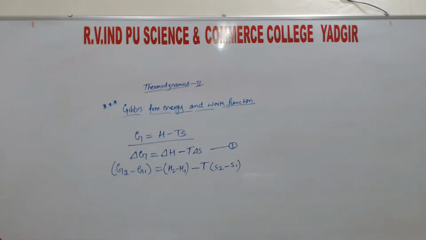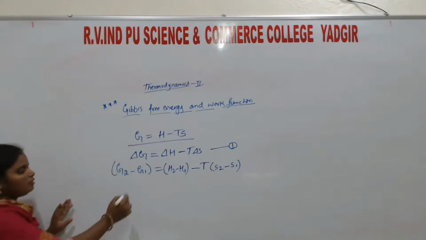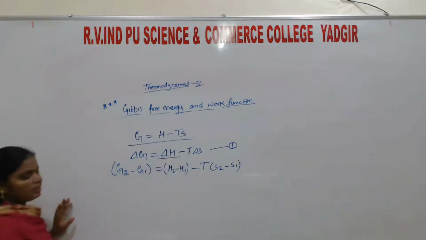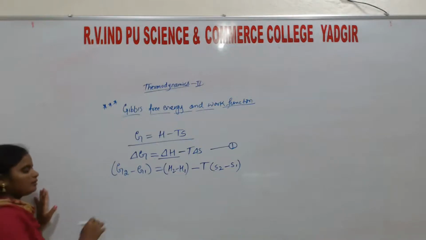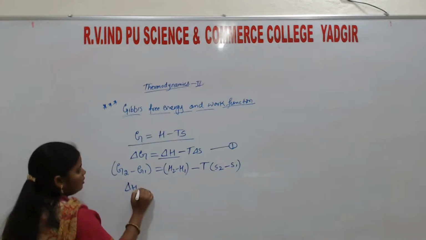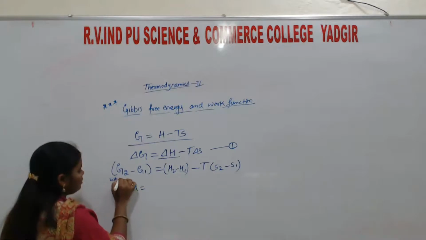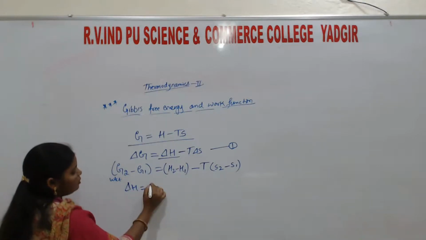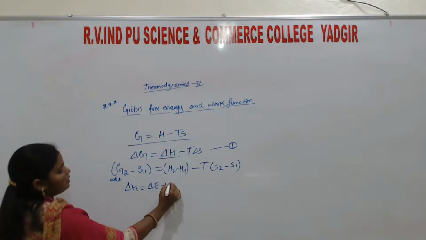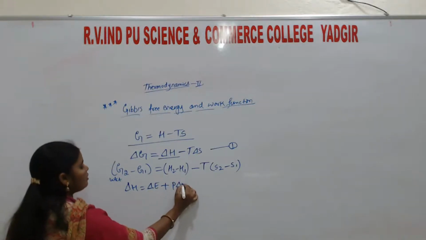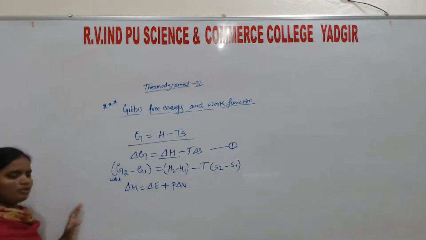You know that the change in enthalpy, delta H, is equal to delta E plus P into delta V, that is pressure times change in volume.